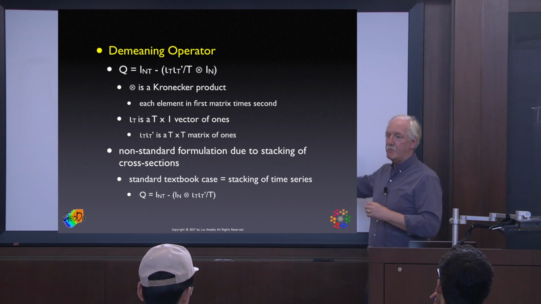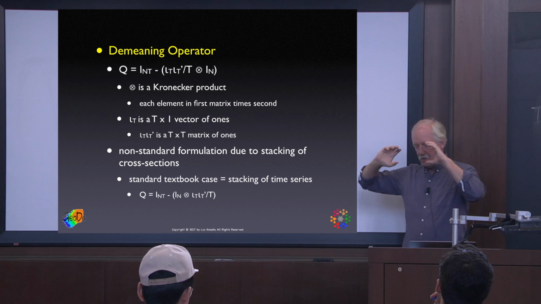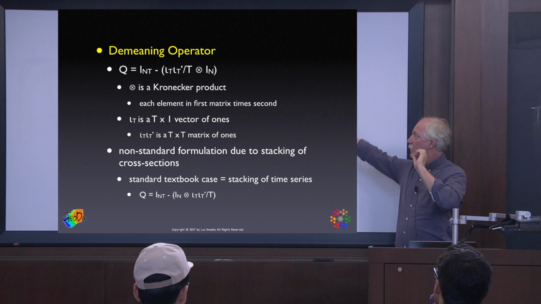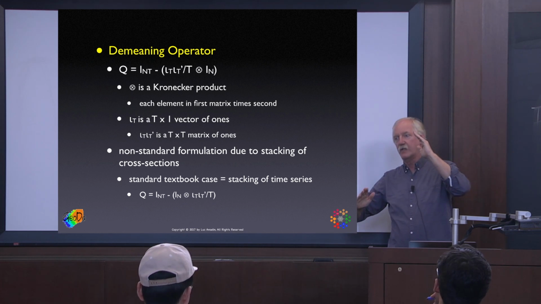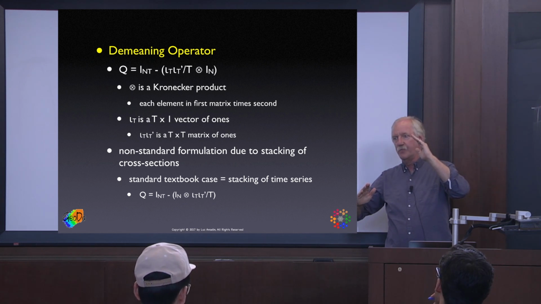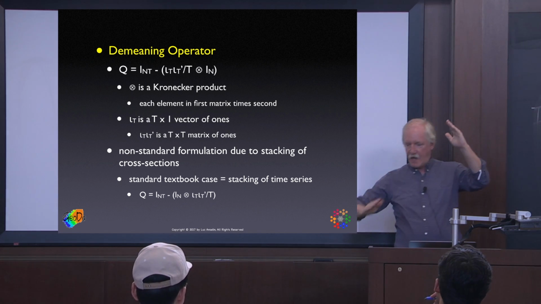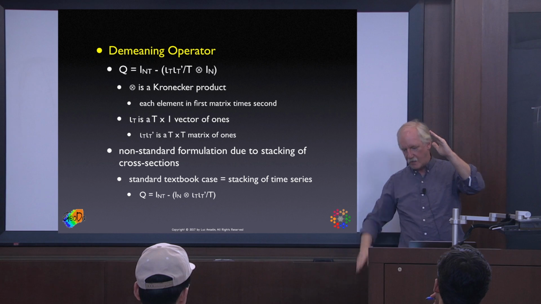And each of these T by T elements of 1 get multiplied by a diagonal matrix of dimension N. So if you have, say, 2 time periods, there's a diagonal, a diagonal, a diagonal, a diagonal.